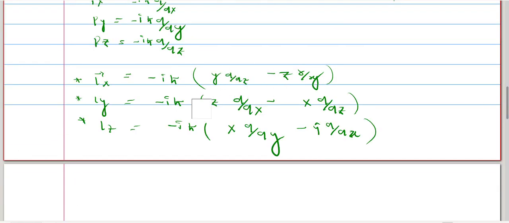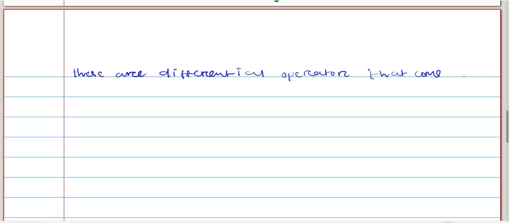This is the differential formula, so this is called a differential operator, and it comes from the rotational symmetry of space.